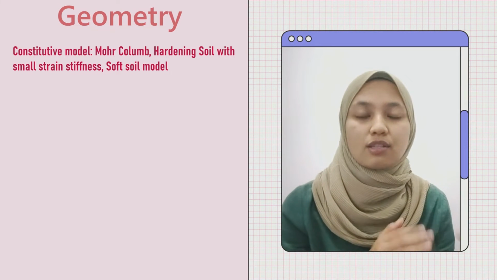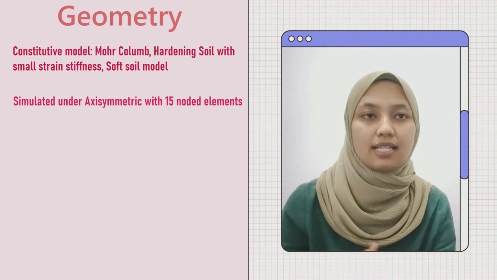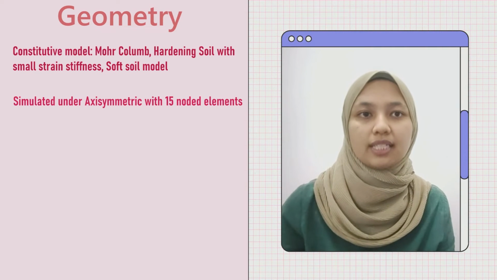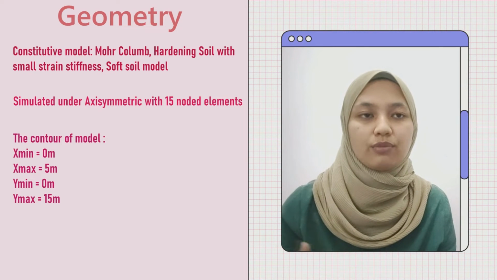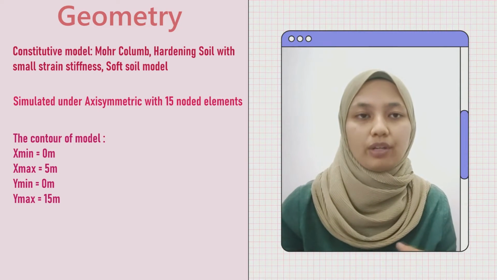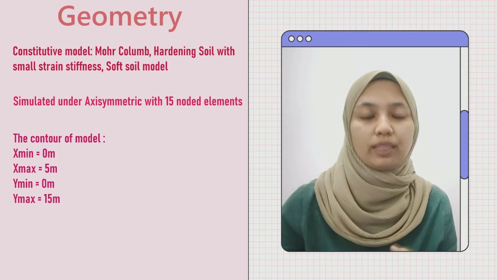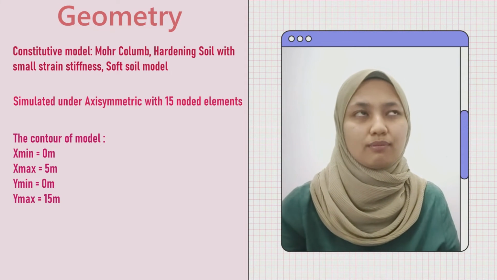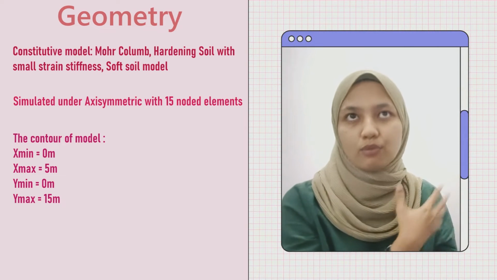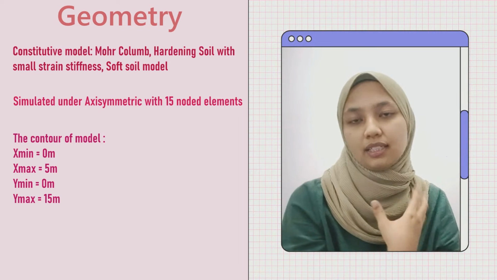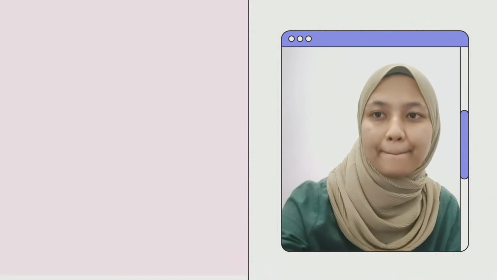This test was simulated under axisymmetry condition with 15 noded elements, and the contour of the model is x minimum 0 meter, x maximum 5 meter, y minimum 0 meter, and y maximum 15 meter. This is the model that will be simulated in the PLAXIS 2D software.